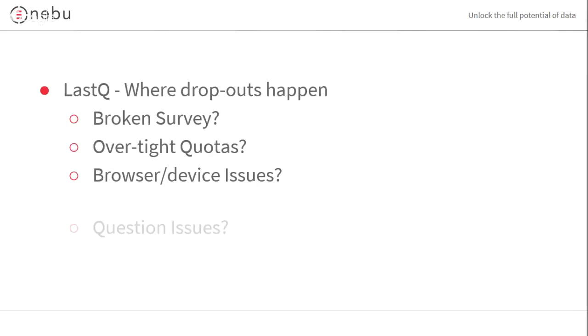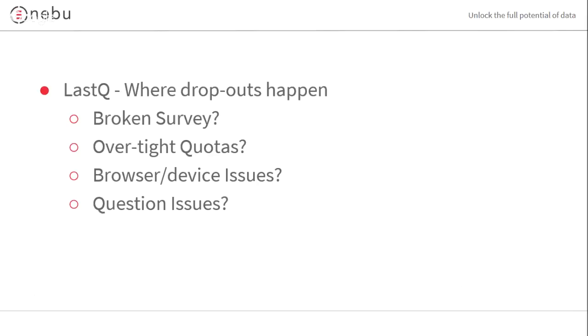And it could also show that there's an issue with that particular question. Not just the way that it's being looped to or routed to, or the setup of it, but even the way it's being asked. Perhaps it's asking in a manner which puts people off. Perhaps a financial question where you want to know exactly what their weekly income is, rather than in bands, and how you present the question to them.